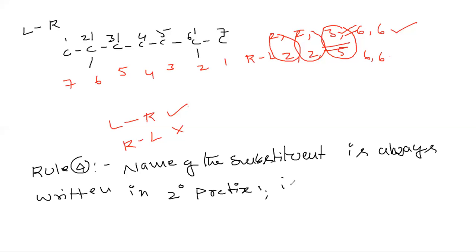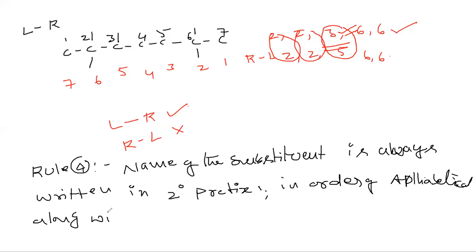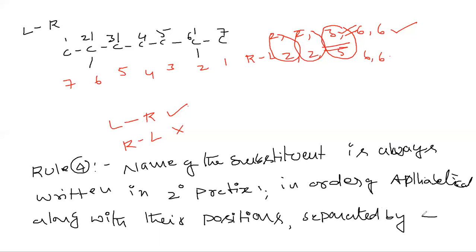This secondary prefix is in order of alphabetical order, along with their positions separated by hyphen. So the name of the substituent is always written in secondary prefix in alphabetical order.